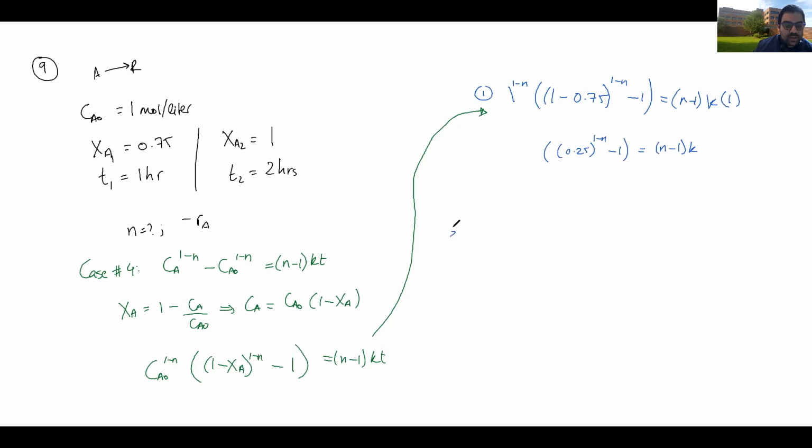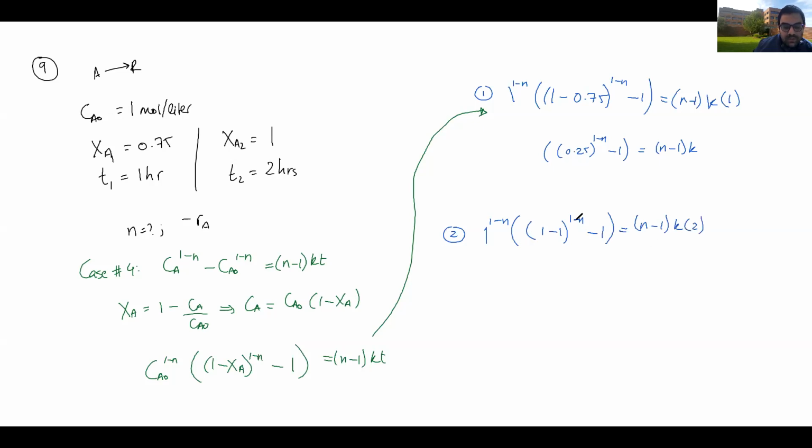Now let's use the second set of conditions. In this case, X_A is 1 and t is 2 hours, and C_A0 is also 1. So 1 minus N, 1 minus 1, 1 minus N minus 1 is equal to (N minus 1) K into 2.